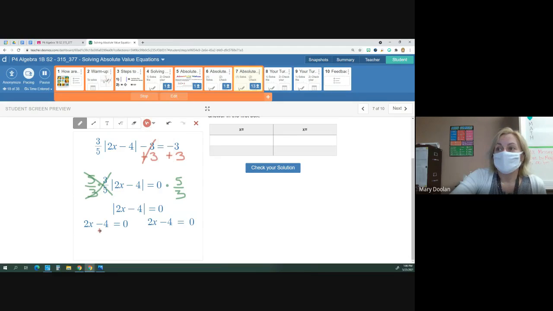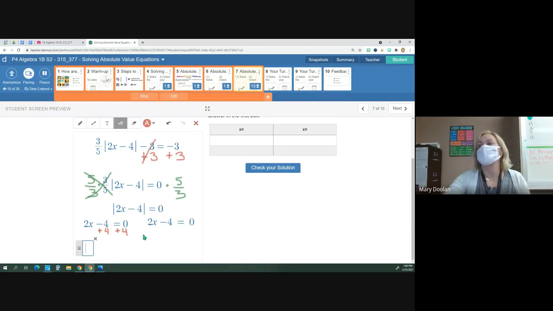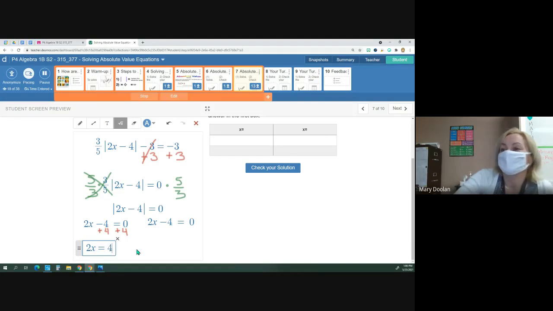Add 4. Add 4. Gives me 2x equals 4. Because negative 4 plus 4 is 0, that's gone.